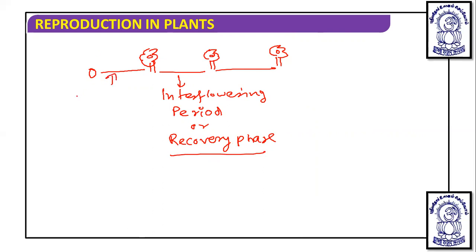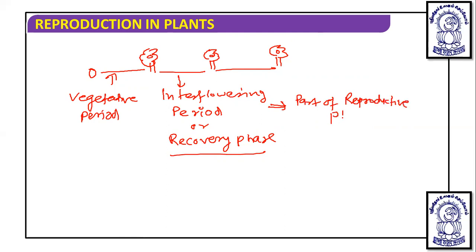Now this is the vegetative period. But once flowering occurs, then this whole part becomes a part of the reproductive phase. So the interflowering period is a part of the reproductive phase.